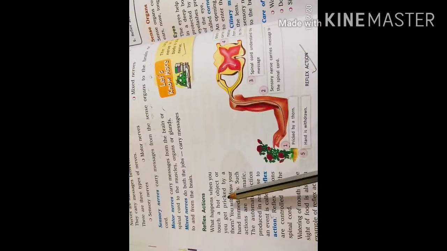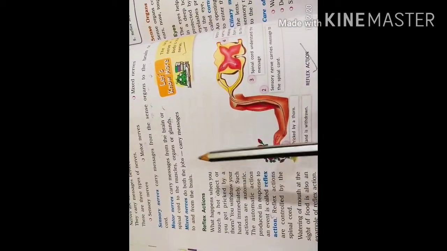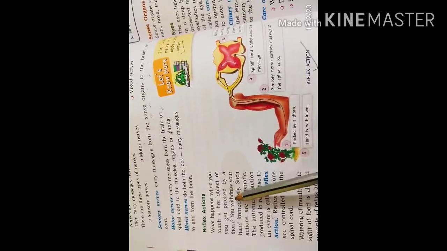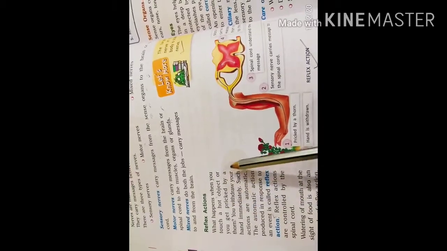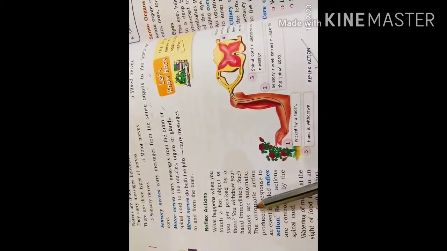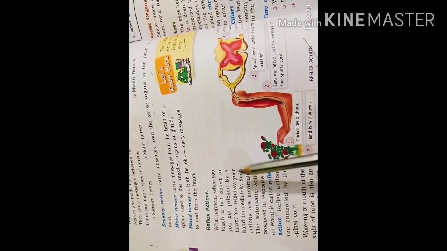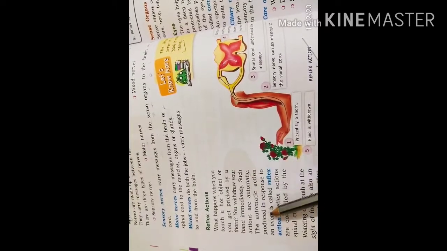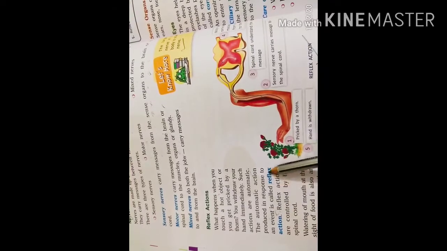If your hand suddenly touches a hot object, you immediately pull back your hand. Such actions are very sudden and automatic. So the automatic action that is produced in response to an event is called reflex action.